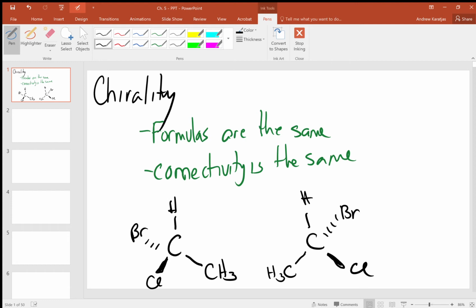And so you can see we've got a carbon in the middle in both of these that's connected to the same four groups: hydrogen, bromine, chlorine, and methyl. And so I'd like you to take a minute and see if you can superimpose these molecules onto each other. In other words, are these the same molecule?